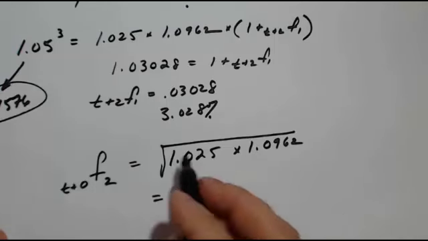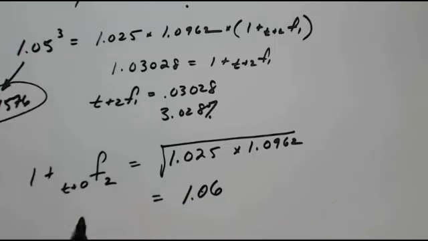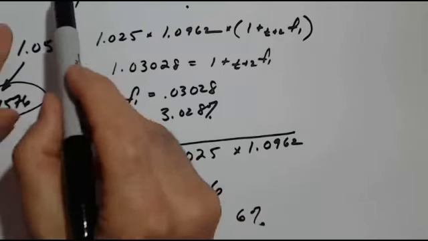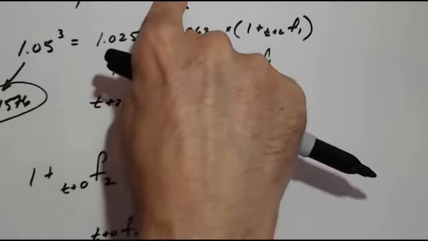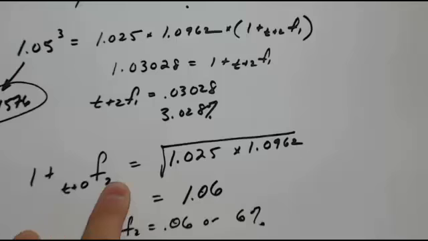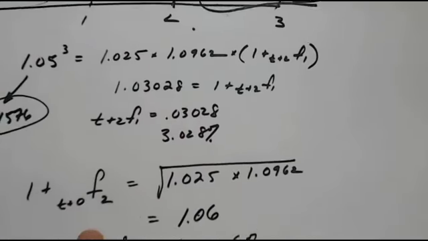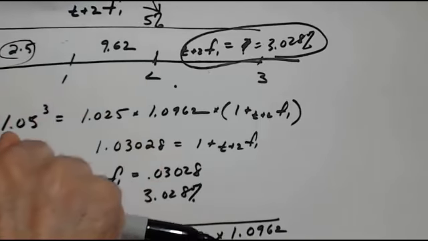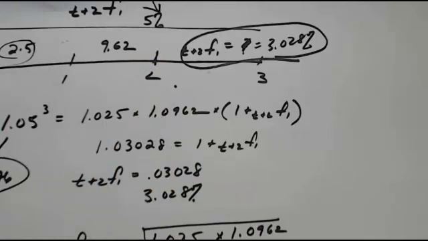This should be 1 plus t plus 0 f2 equals 1.06, so t plus 0 f2 equals 0.06, or 6%, which is exactly what the 2-year spot rate was earlier that I showed you in the calculations. So this 2-year spot rate covers a 2-year period, and could also be considered a 2-year forward rate, because it's a forward rate starting right now.